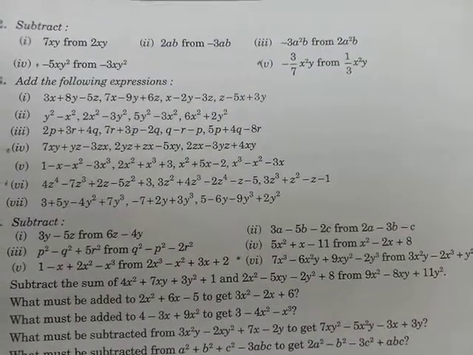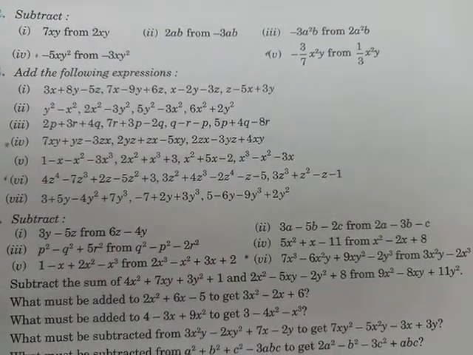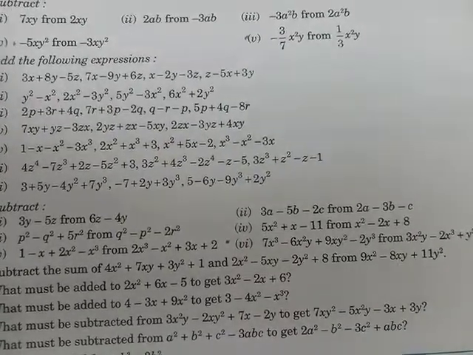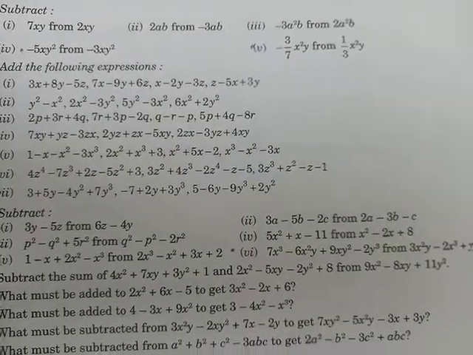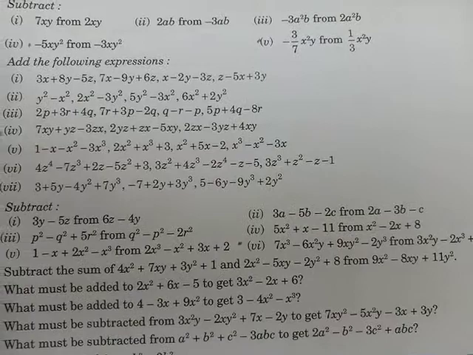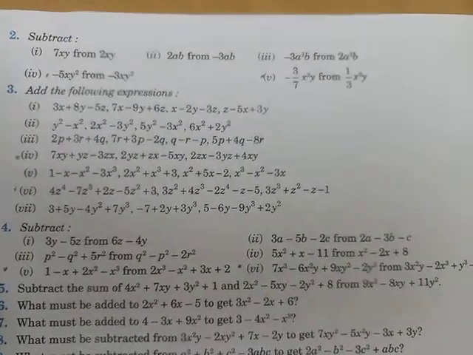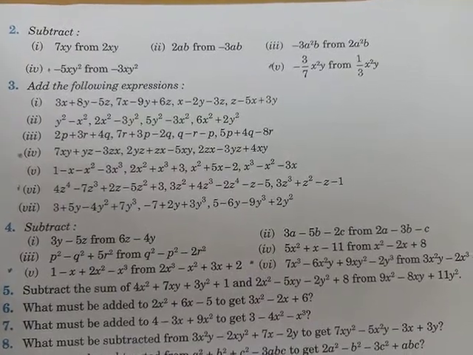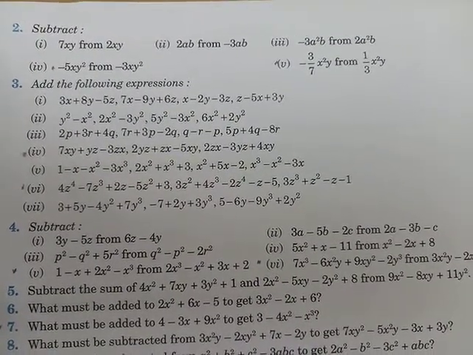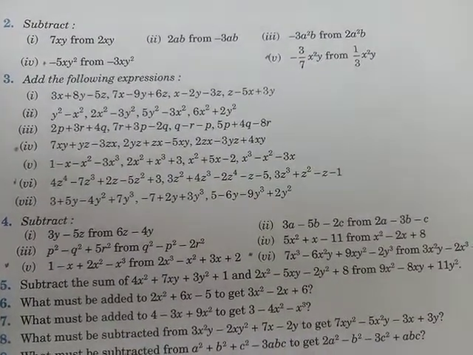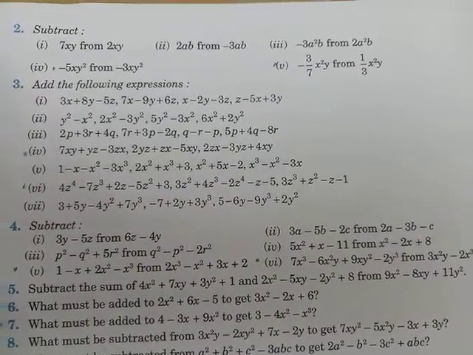Firstly, whatever we have, the expression after the word from, we write that firstly, and then we write the term given after the word subtract. So first thing that we are going to do when we are solving the question, we write the mathematical expression according to the given question, and then we will solve it.